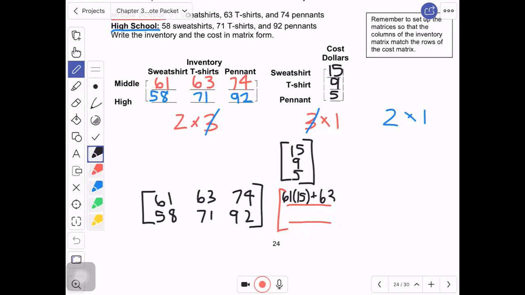Yeah. Keep going. Good. We're taking that whole row and multiplying it by the whole column. And then what about our bottom line? Riley? Yep. Awesome.